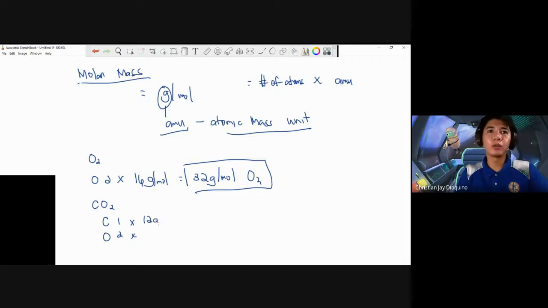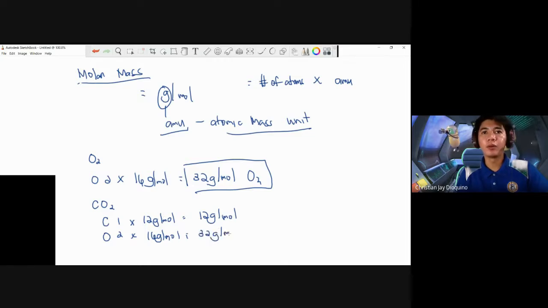Okay, so meron tayong 12 grams per mole. Then for oxygen, we have 16 grams per mole. Then multiply lang natin yan. So we get 12 grams per mole of carbon. Then we have 32 grams per mole for oxygen. Nakuha natin yung grams per mole or yung molar mass ng carbon and oxygen.